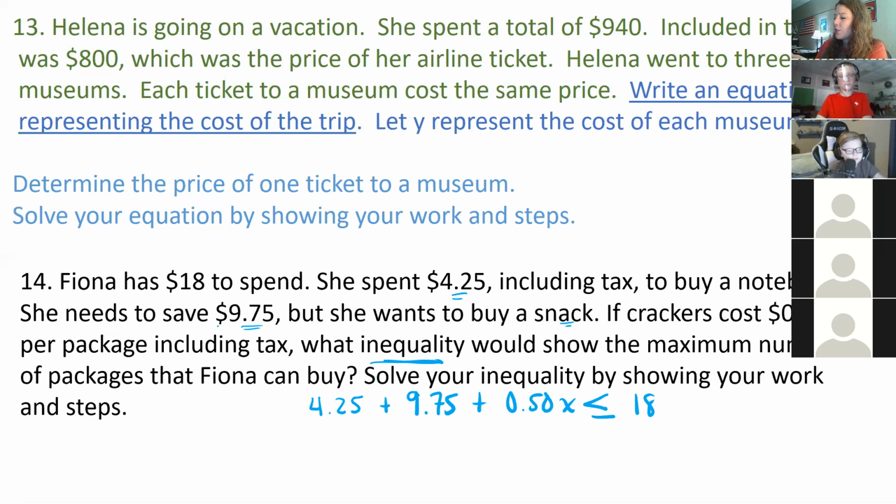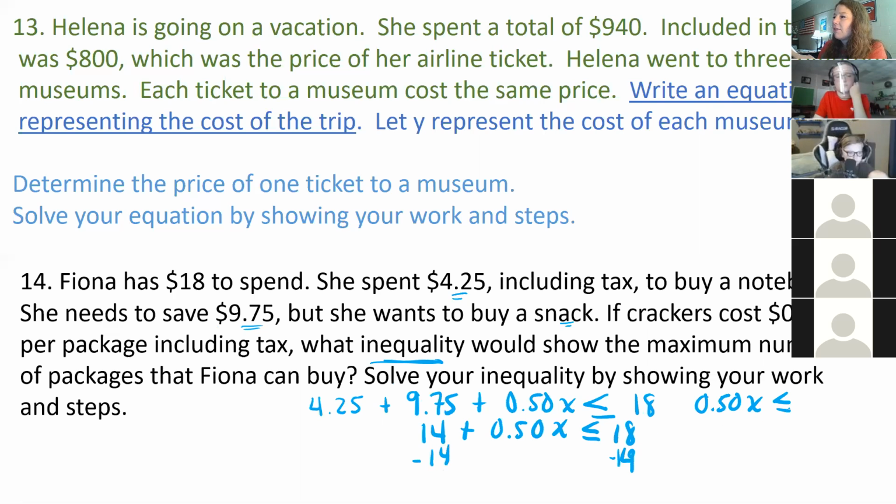Let's add 4.25 plus 9.75 equals $14 plus 50 cents times the number of crackers. There we go. Now what do I got to do? Subtract 14. You got it.